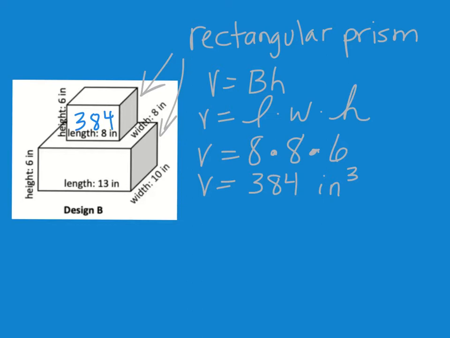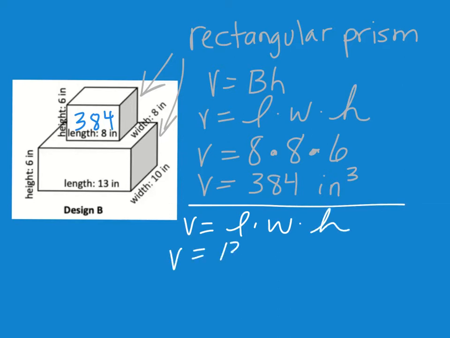And then we do the same for the bottom, same formula. Okay, so we have the length times width times height. For the bottom piece, the length is 13 times 10 times 6. So we calculate that, and that is 780 inches cubed for the bottom piece.